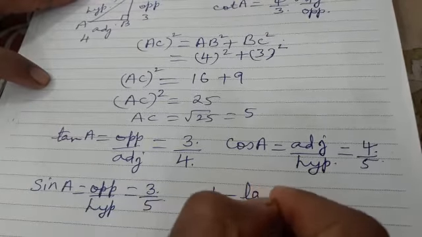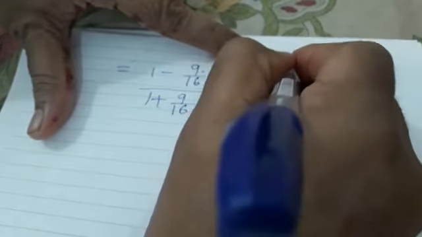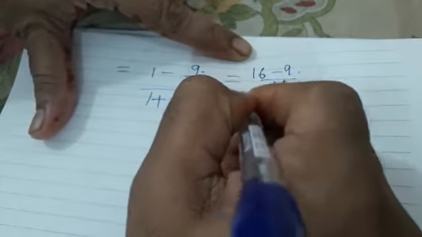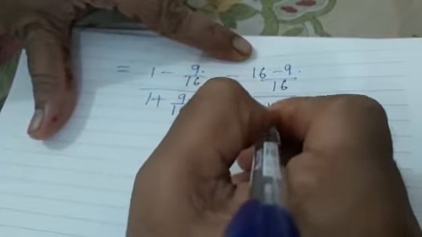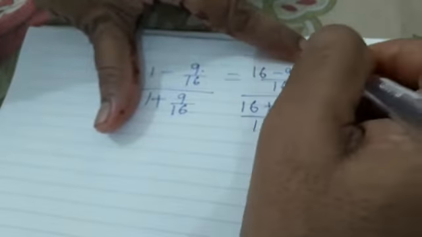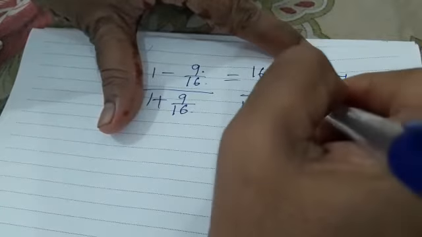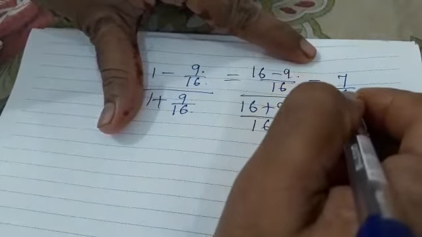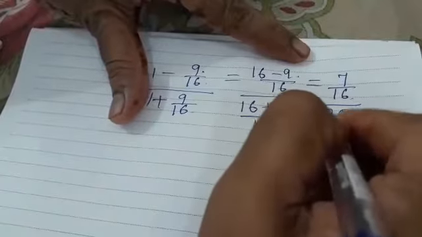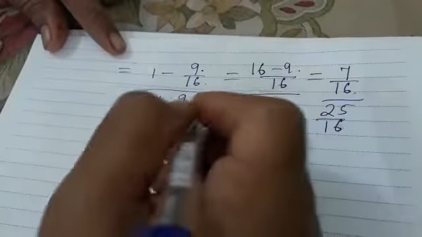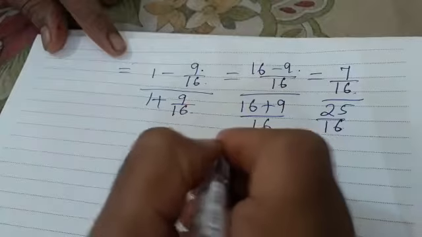So this is equal to 1 minus 9 upon 16 divided by 1 plus 9 upon 16. Here LCM is 16. 16 minus 9 over 16 plus 9 gives 7 upon 25 over 16, so I will get 7 upon 25.